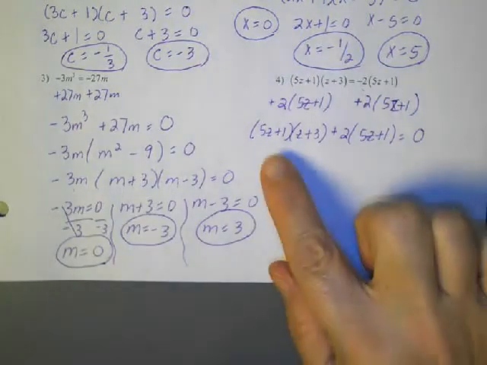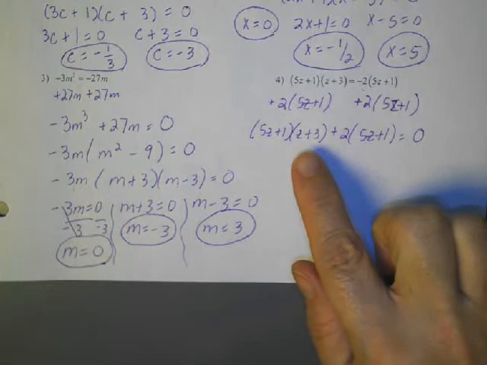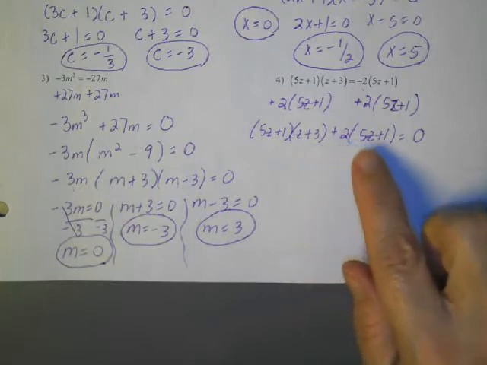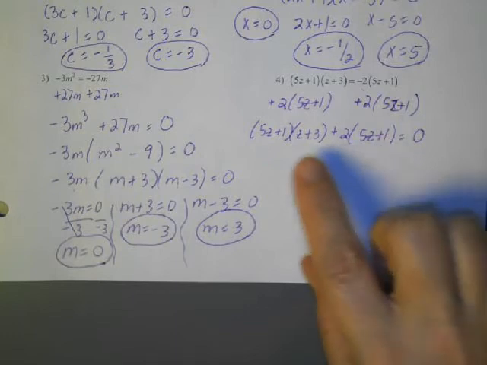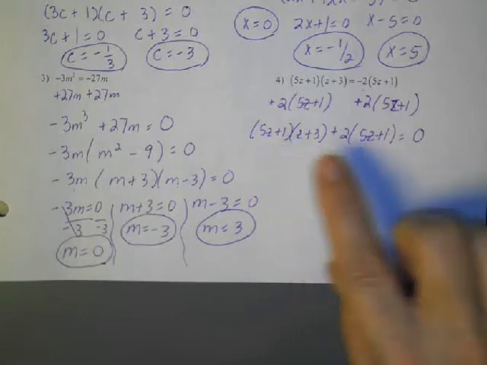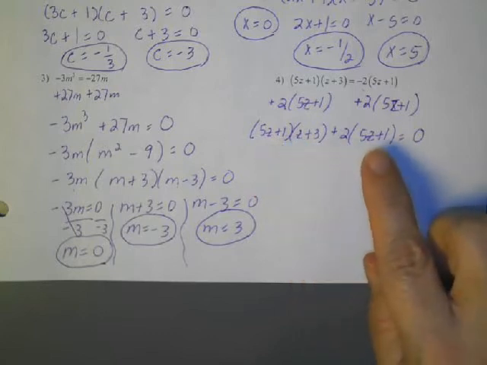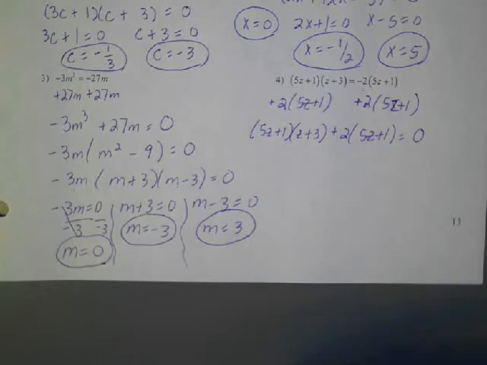So I now have 5z plus 1 times z plus 3, which was over there, plus 2 times 5z plus 1. The reason why that was going to save me time and energy is because now I can see that 5z plus 1 is a common factor of my expressions, and I can factor it out.